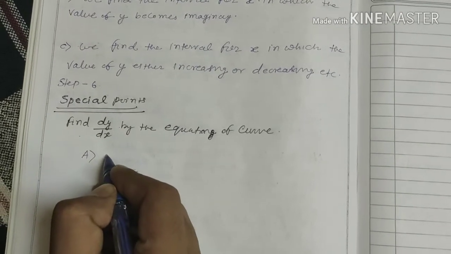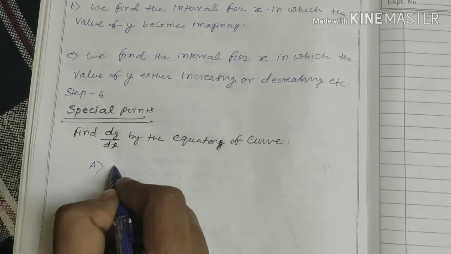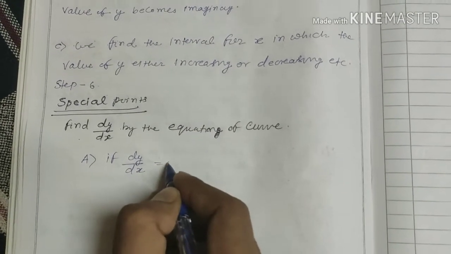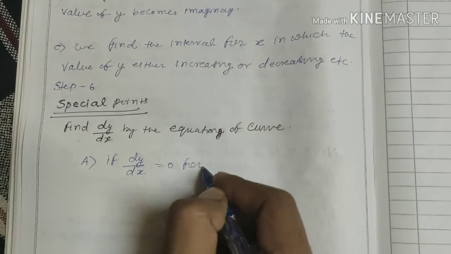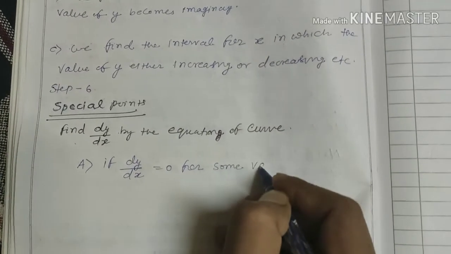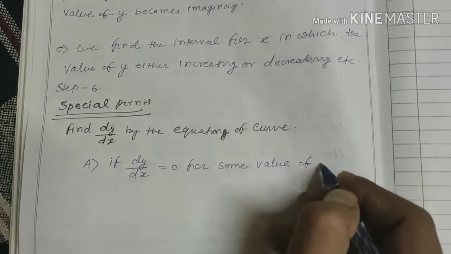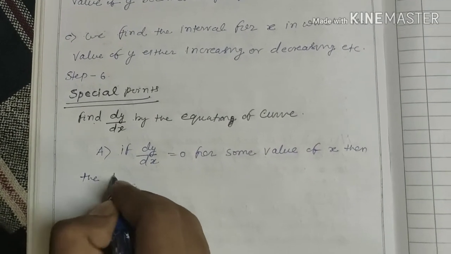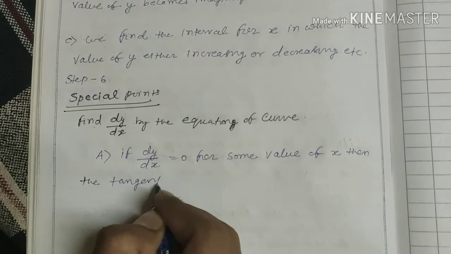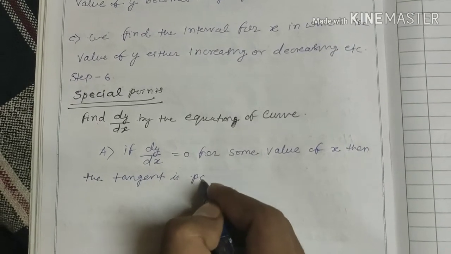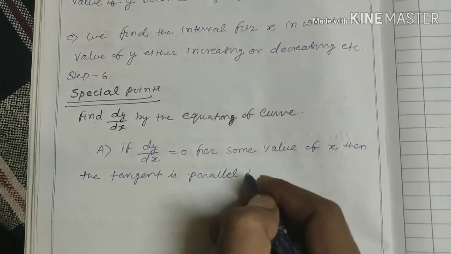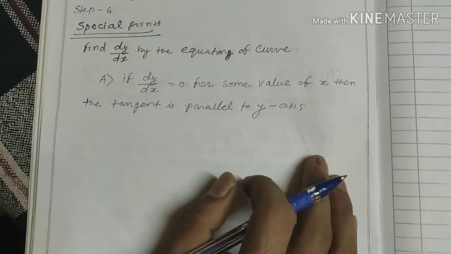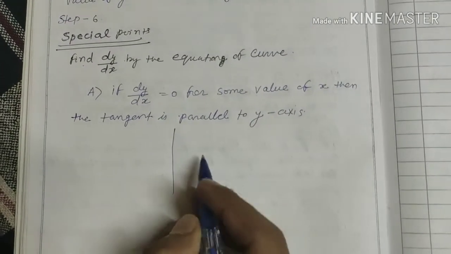The following condition is that if dy by dx equals 0 for some value of x, then the tangent is parallel to the x-axis, like this.